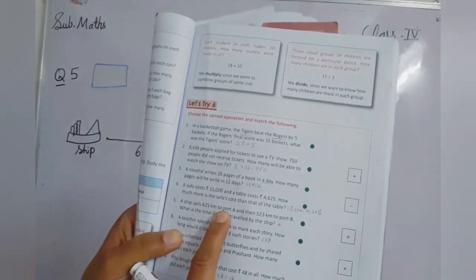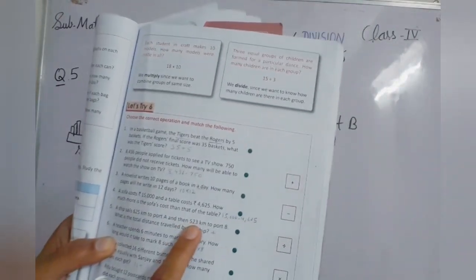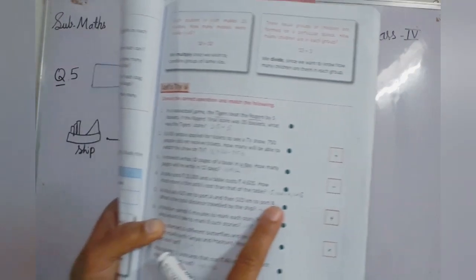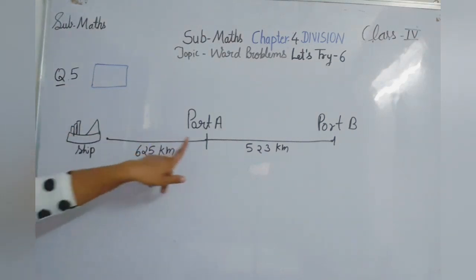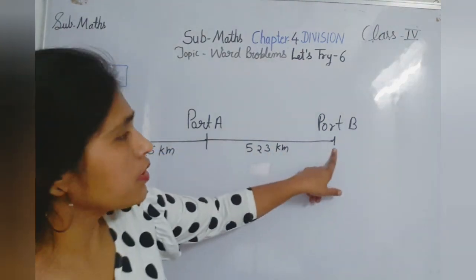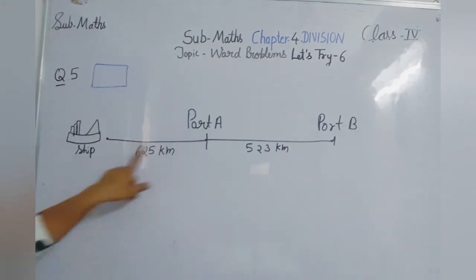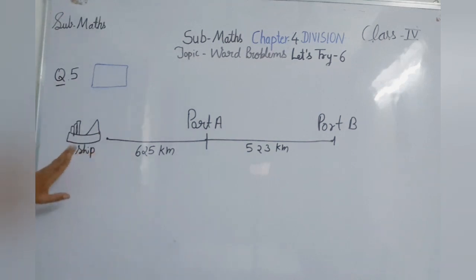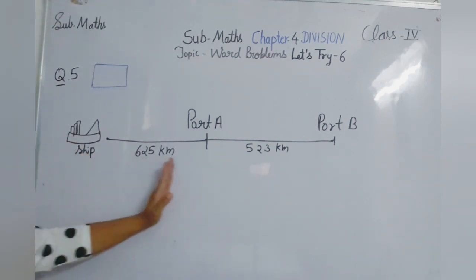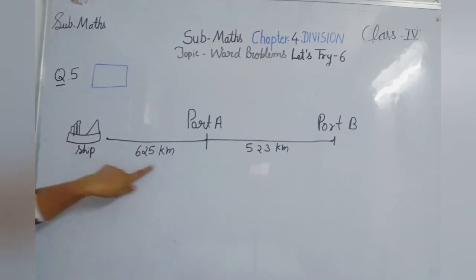Question number 5. A ship sailed 625 km to port A and then 523 km to port B. What is the total distance travelled by the ship? So one ship is there and two ports, port A and port B. They are saying the ship sailed till port A. What is the distance he covered? 625 km.